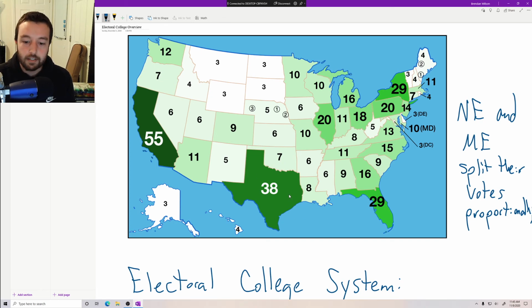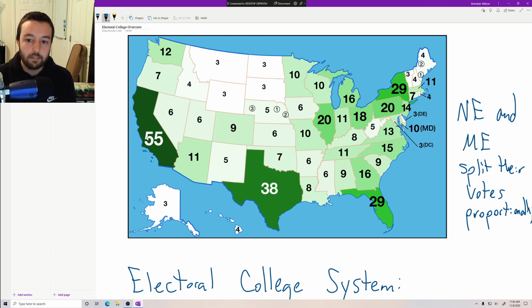So that's why it's very easy for a candidate to get fewer votes, but still win the election as a whole. In 2016, Trump lost the popular vote, meaning the total number of votes, by about 3 million. He got about 3 million votes less overall, but it didn't matter because a lot of the votes he lost by came from California, and they're capped at 55 total votes.